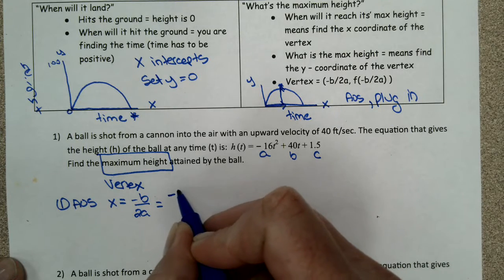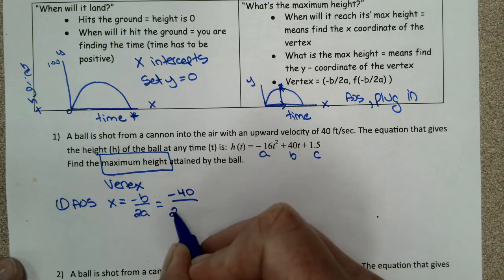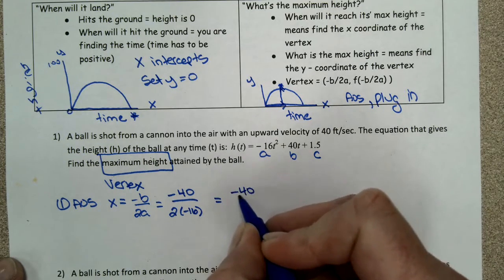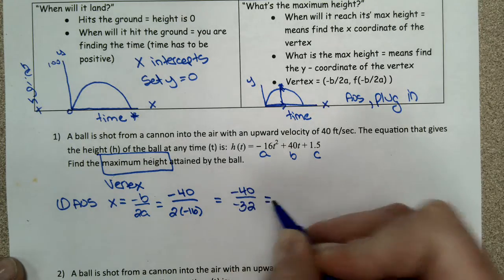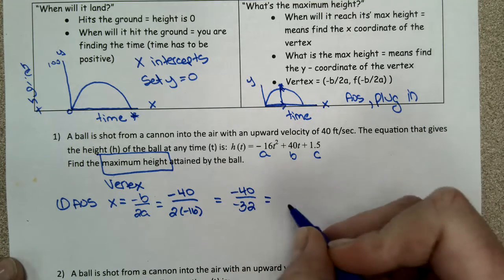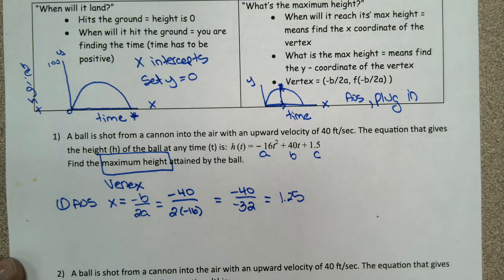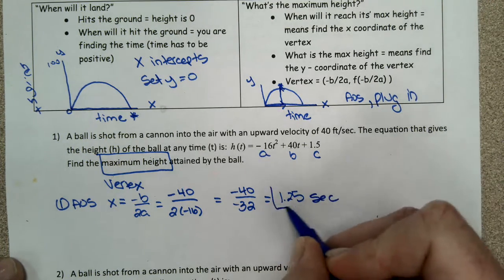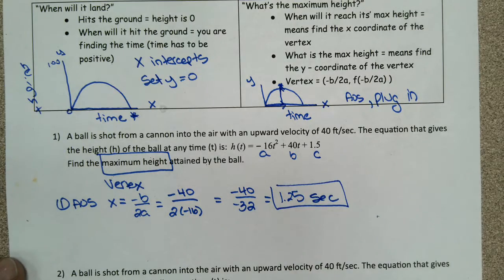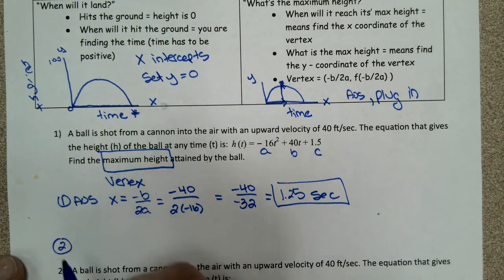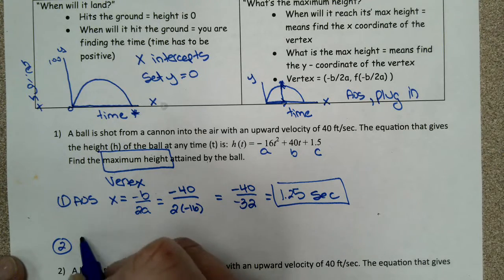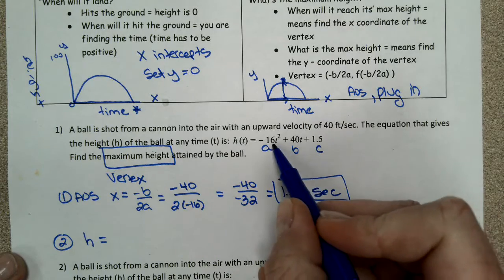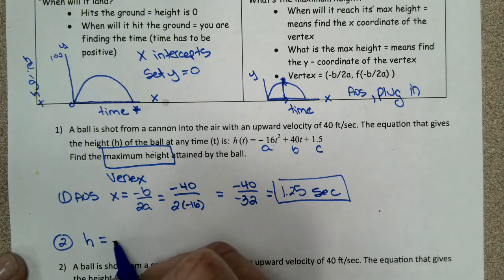So the numerator is negative 40 over 2 times negative 16. Negative 40 divided by negative 32. I'm going to use decimals today. So it took 1.25 seconds for it to reach its maximum height. But we have to find what that height was. So plug 1.25 in right there.